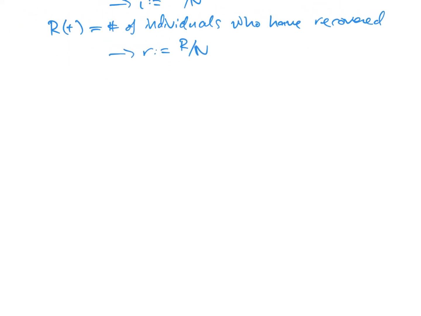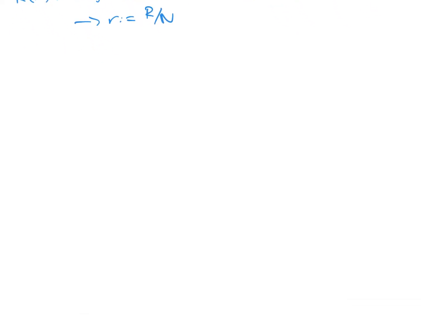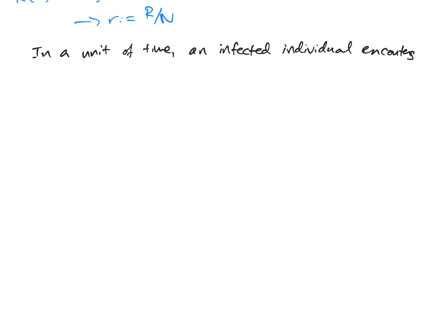So how do we actually write differential equations for these quantities? Let's think about this. In a unit of time, say a week, someone who's infected will encounter, let's say, A people and expose them to the disease. So that means that A times the number of infected people will be exposed.